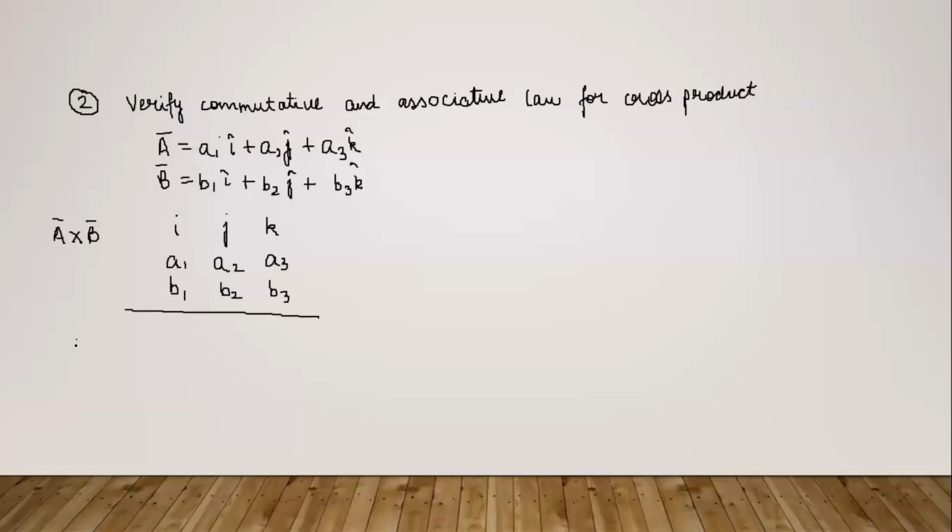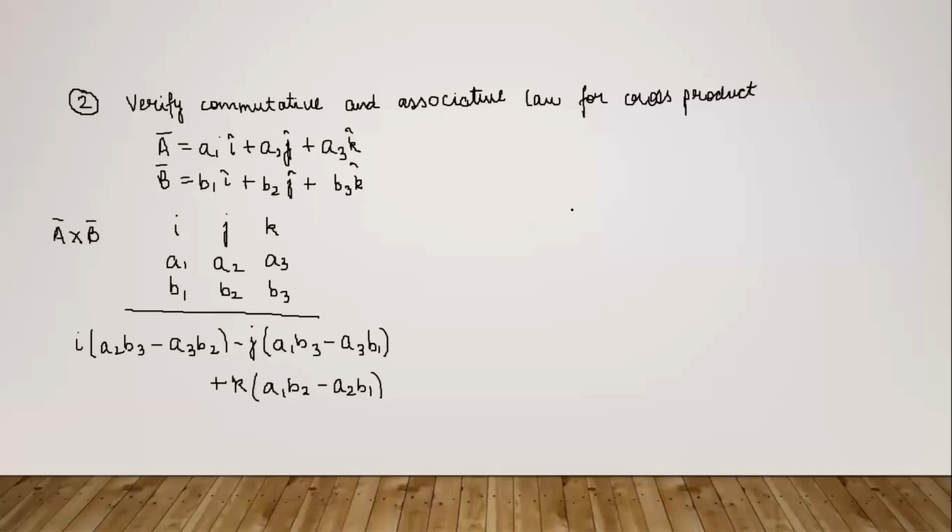And what we will do here is we will write i, neglect this row, A2 B3 minus A3 B2. Then we will write minus j, neglect this row, A1 B3 minus A3 B1. And then we will write plus k, neglect this, it will come A1 B2 minus A2 B1.